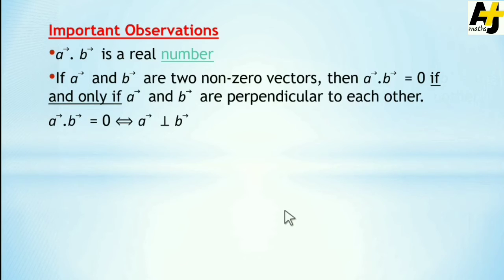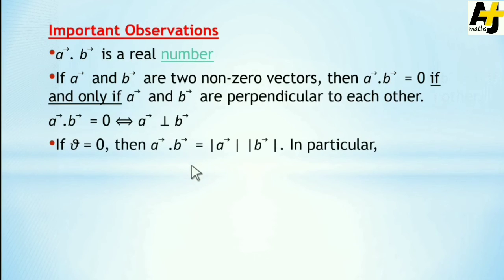If a and b both are non-zero vectors, then their dot product will be 0 only on the condition that the angle between them is 90. Because if we put it in the formula, cos 90 equal to 0, this means that the dot product is 0, and this means that vector a is perpendicular to vector b.